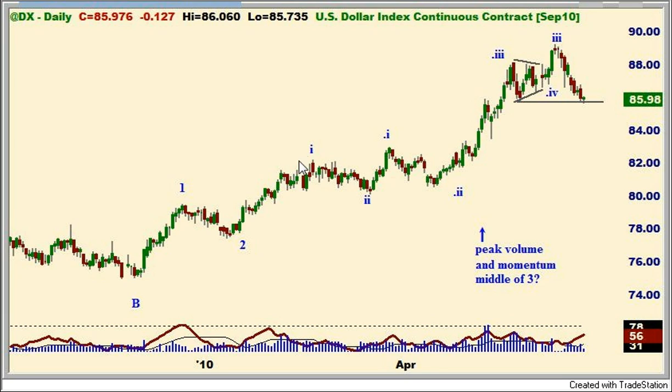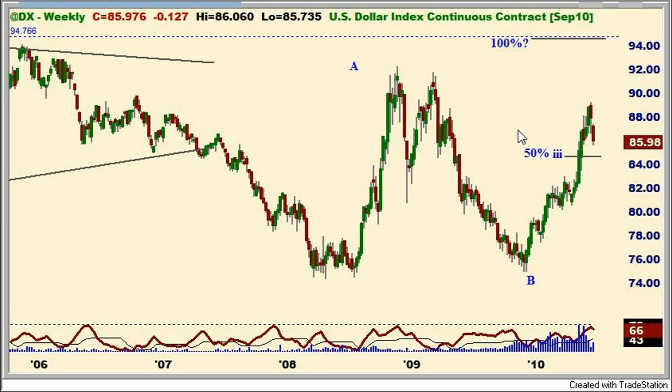And you can count this as a series of 1-2s, which would make the current decline a 4 and probably a relatively shallow affair. Here again, the dollar index, and here's the midpoint, the 50% point of that third wave.